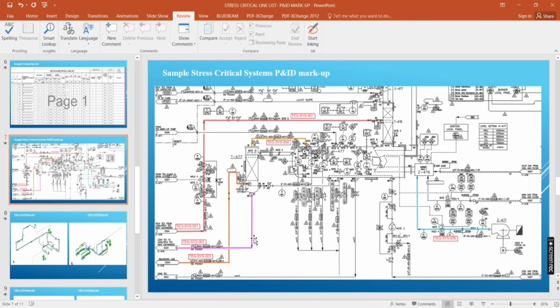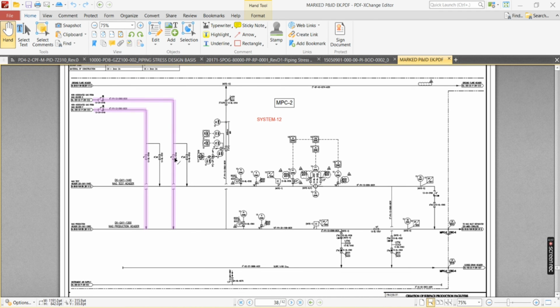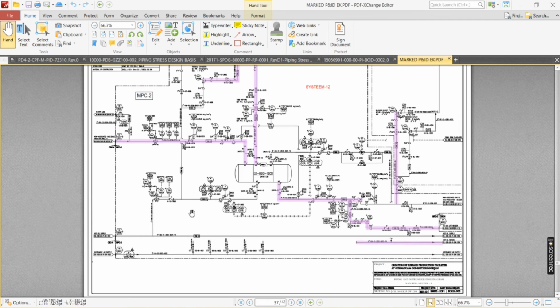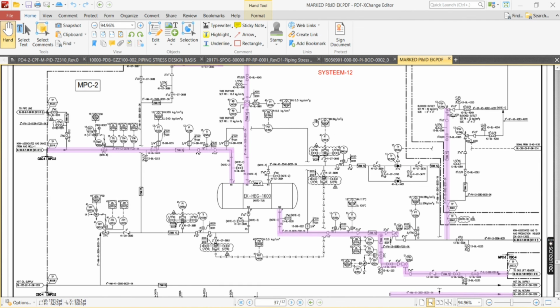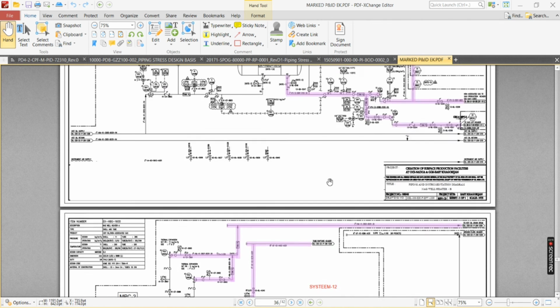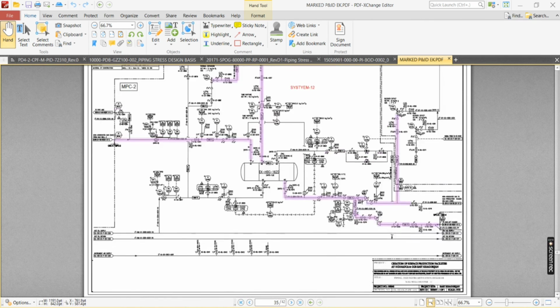I'll show you. This is some example system markup I already showed you. Yeah, you see, these are the different projects. How they mark, you see, all highlighted lines they consider as a system.